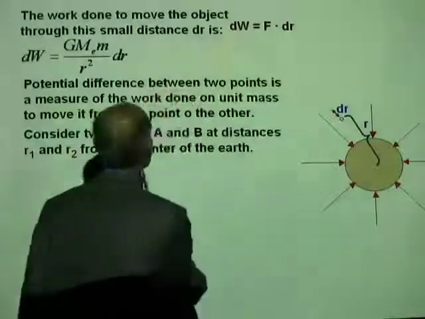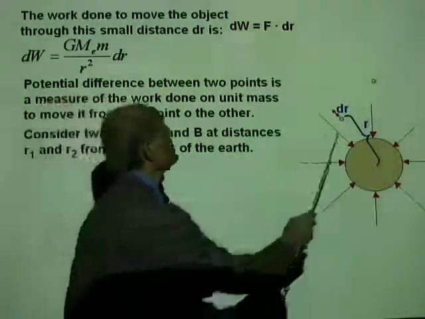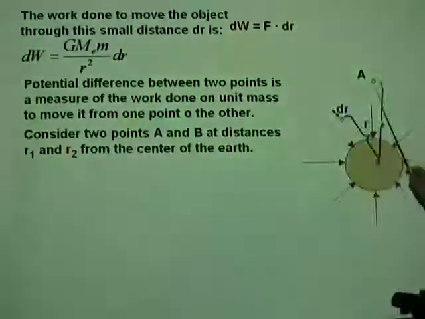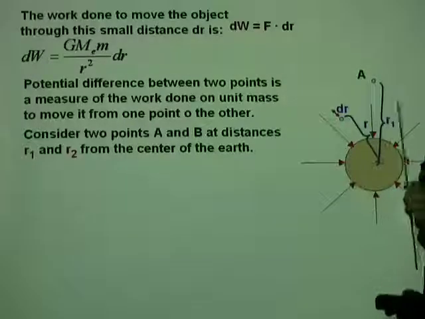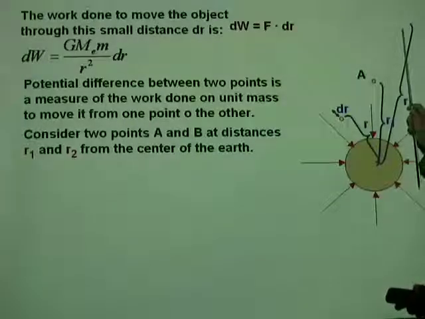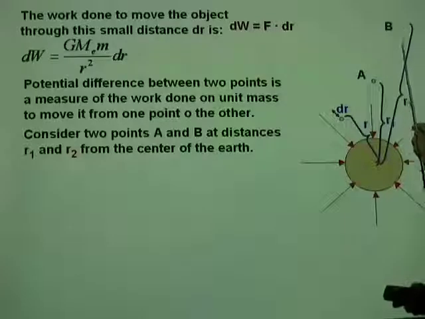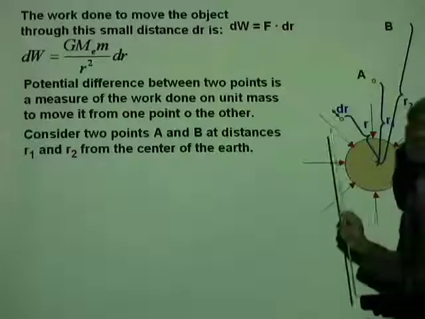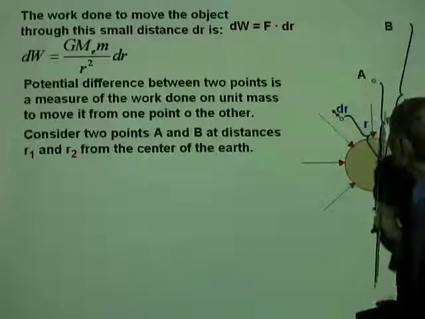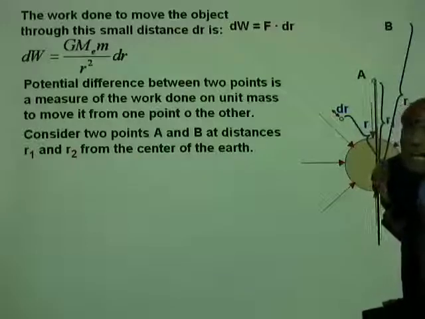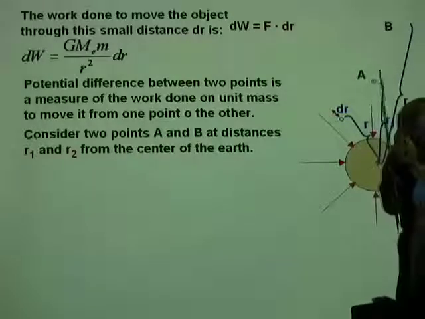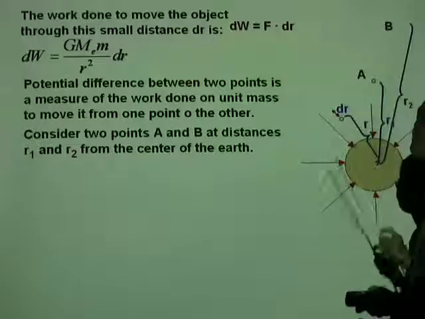Let's consider 2 points A and B. This is point A at a distance r1, and this is point B at a distance r2. Now, what is therefore the work done to move this object from point A to point B?